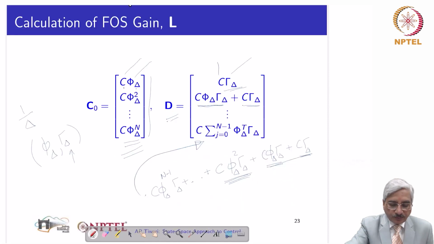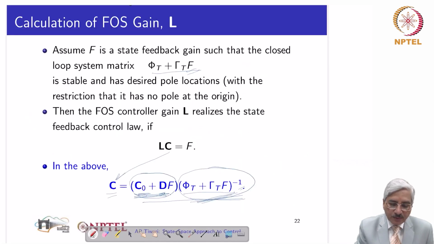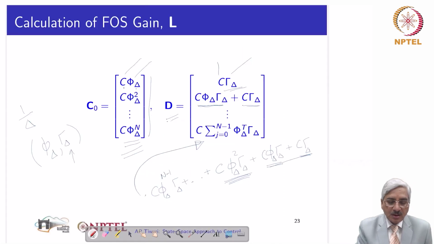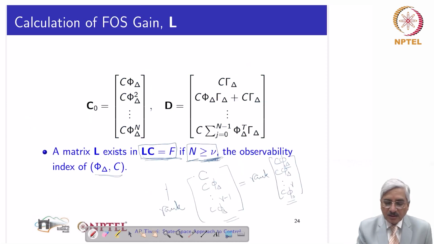So essentially we have to set up the matrix C, which is set up using C0 and D, and then if we have chosen n satisfying this condition, then L will exist.